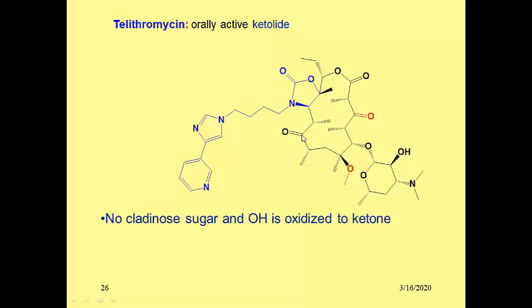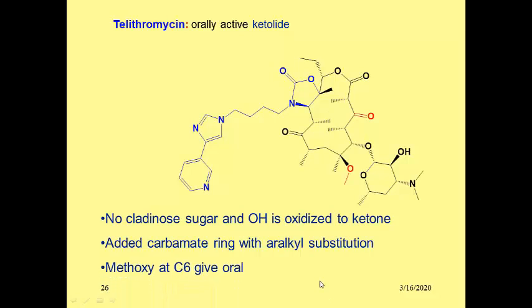But carbon number 9 contains a carbonyl, so the first choice is to make the methyl ether of C6 OH as in clarithromycin. In addition, addition of a carbamate, which will increase the activity.